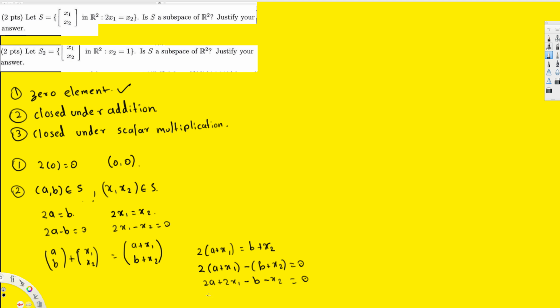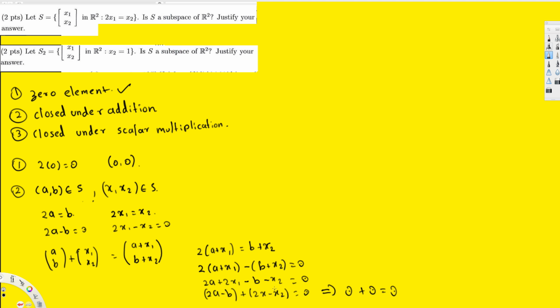I can rearrange this into different forms: (2a minus b) plus (2x1 minus x2) is equal to 0. We know that each of these is 0, so if I substitute, it's 0 plus 0, which is equal to 0.